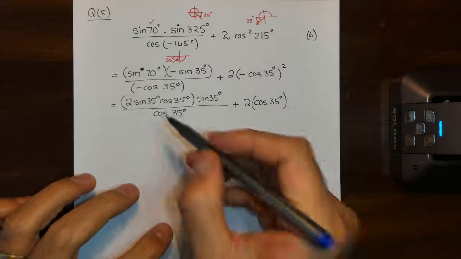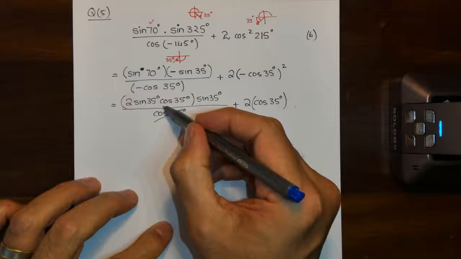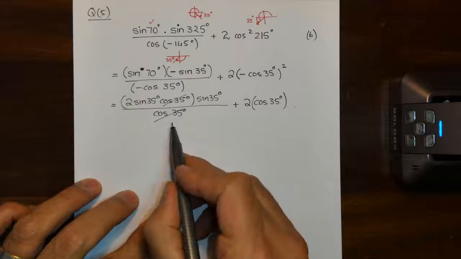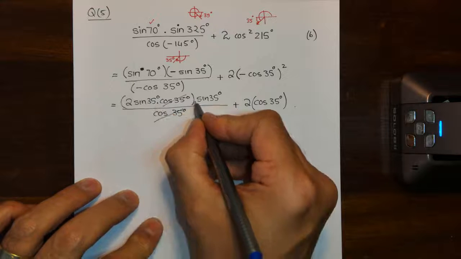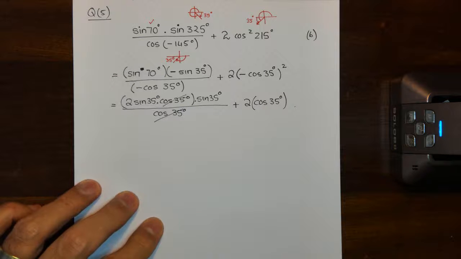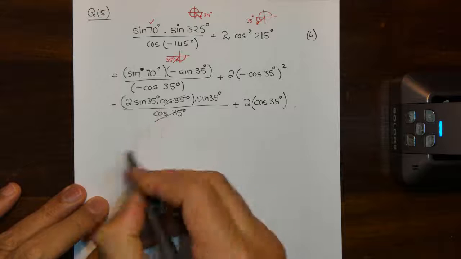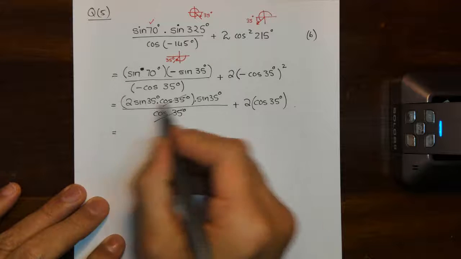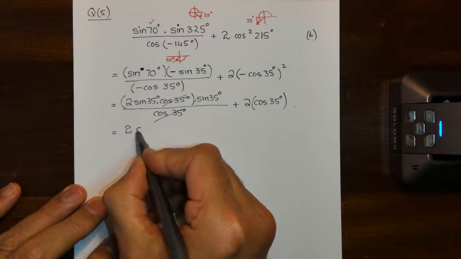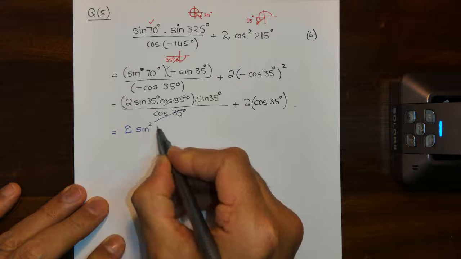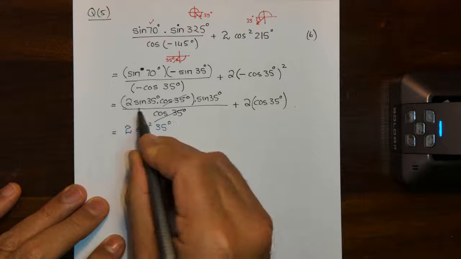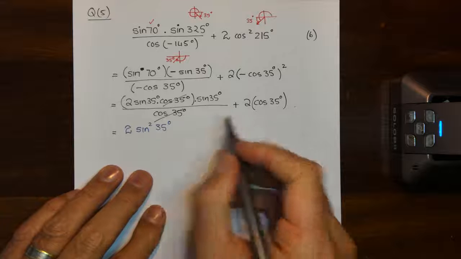Okay, let's see. The cos of 35, cos of 35. Why can I cancel this? Because all of these things are multiplied with one another. There's no terms involved. So I may get rid of those two. After I've done that, I'm left with twice the sine squared of 35. I've got sine 35 times sine 35.